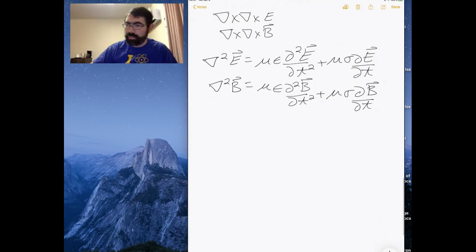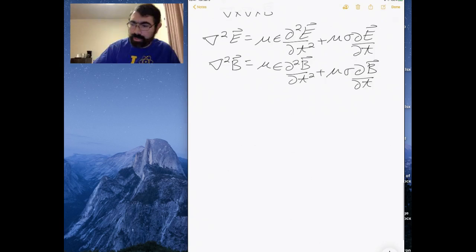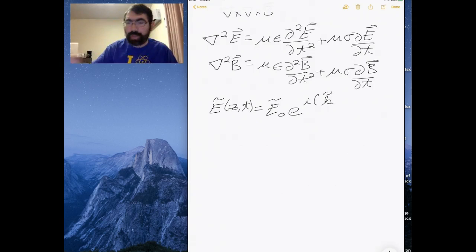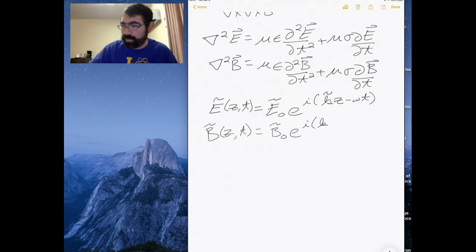So it turns out the solution to these equations, in complex form, in one dimension, propagating in z, is the amplitude of the field, E to the i k, where I'm now going to put a squiggle on it, times z minus omega t, or B, magnetic field, is the amplitude e to the i k tilde, if you want to call it.